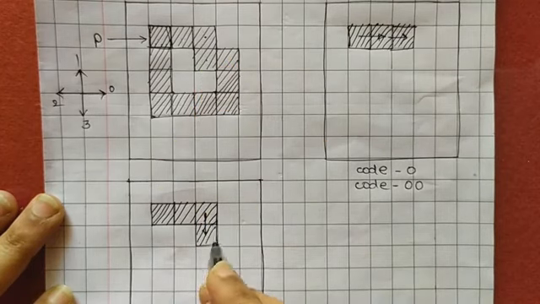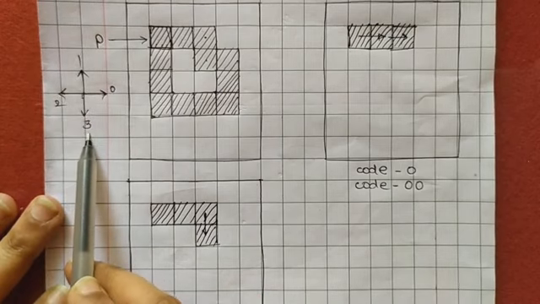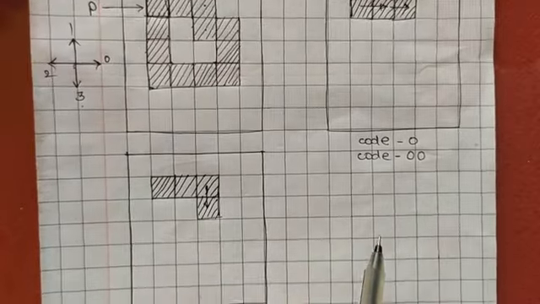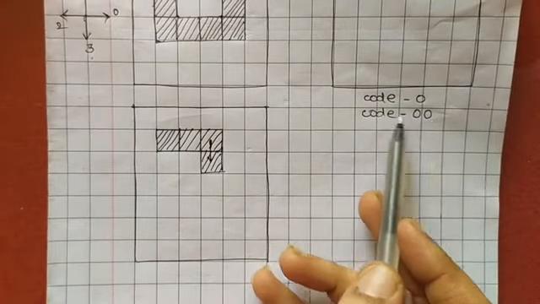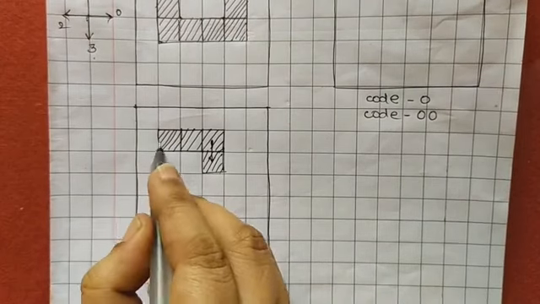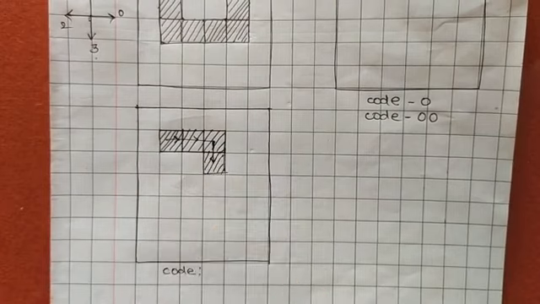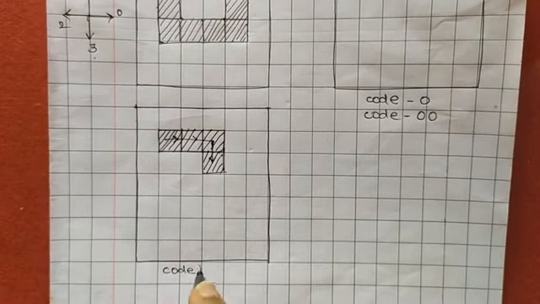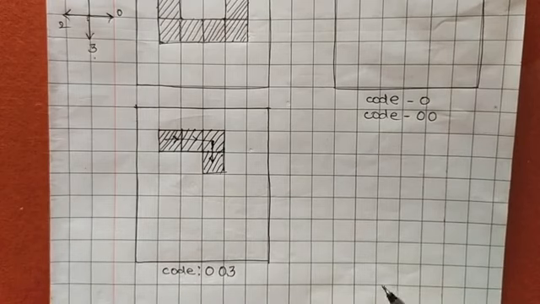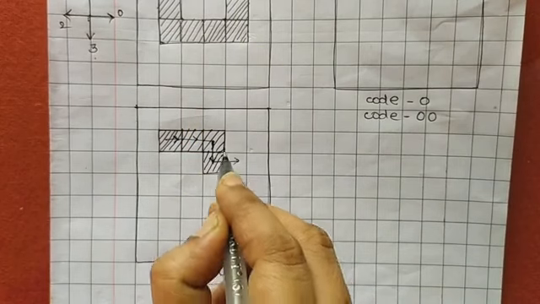Now our direction of movement is downward, so the code provided is 3. Now this 3 code we have to write after this code. So the code will be, for this case, 0, 0, 3. After this, from this pixel to this pixel, the movement is like this.